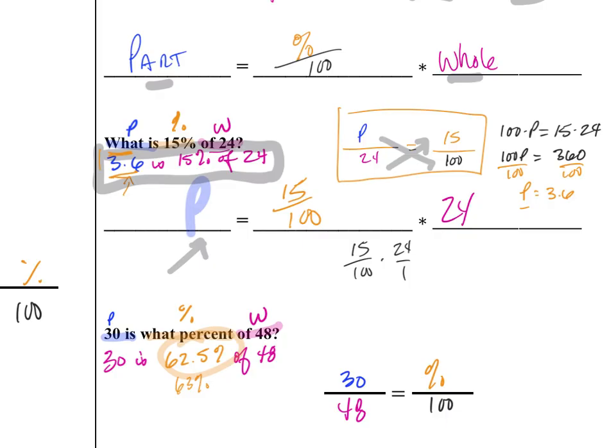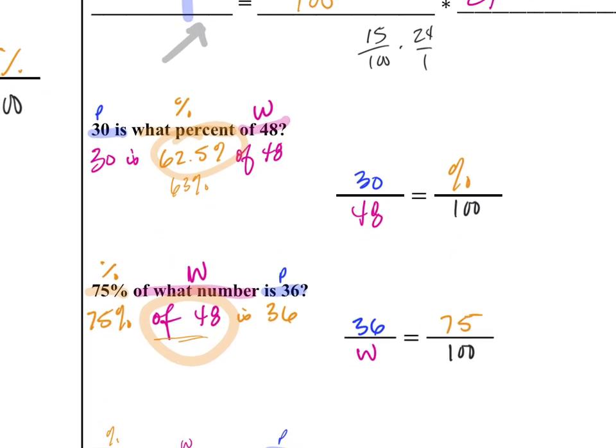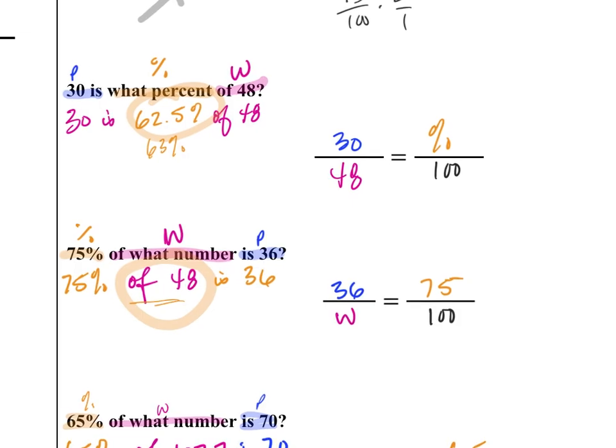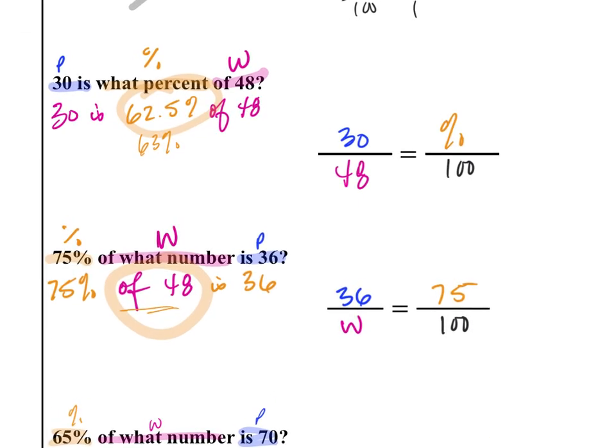Okay, when I look at this next problem, again, if I'm using the cross product equation, because I'm assuming that if you didn't get what this was about, then you probably need to just stick to this. We say that's going to be X for the percent.